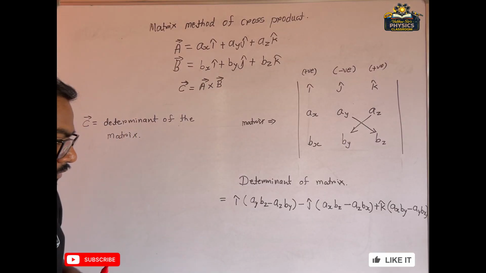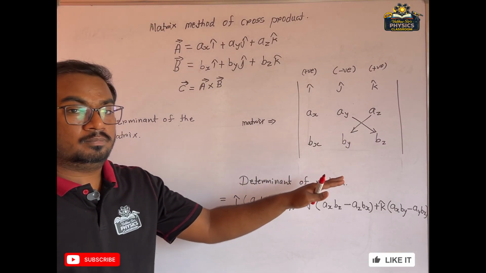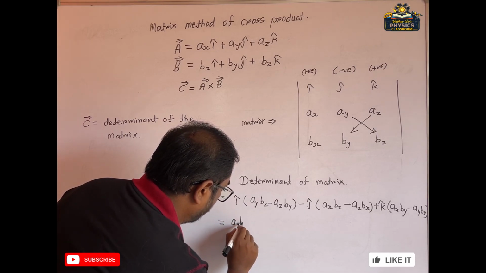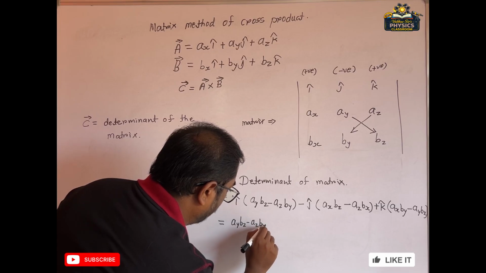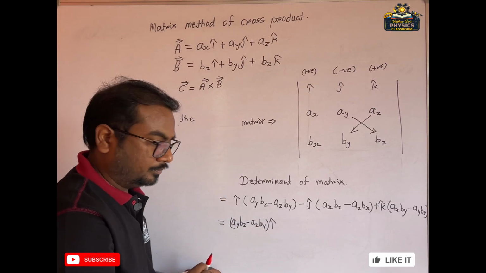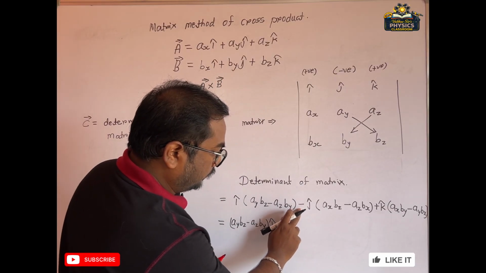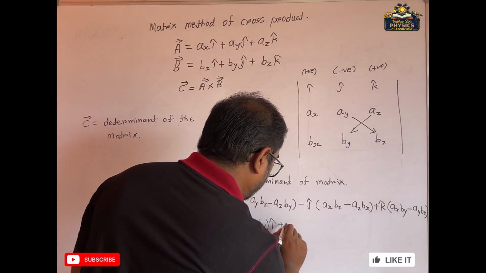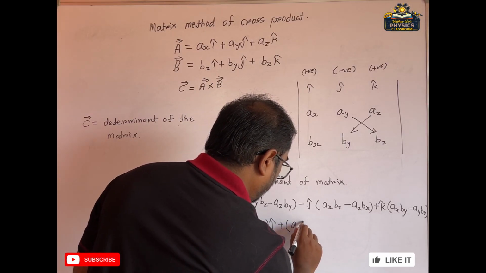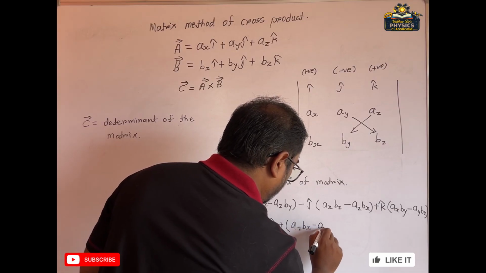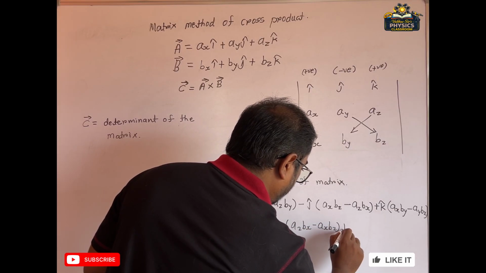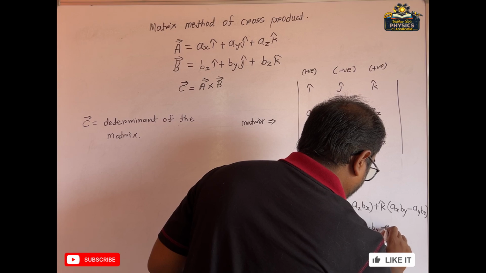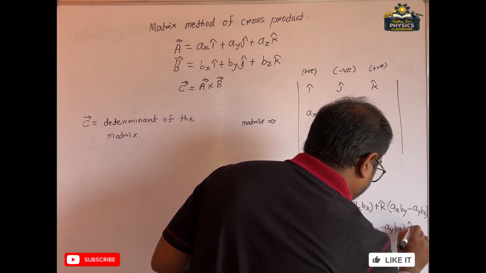So just like that we will get the determinant of the matrix. So we can write (ay bz minus az by) i cap, then, with the negative sign under the bracket, (az bx minus ax bz) j cap, then (ax by minus ay bx) k cap.